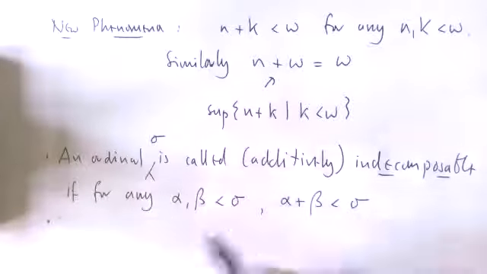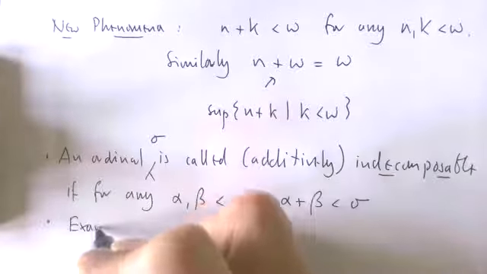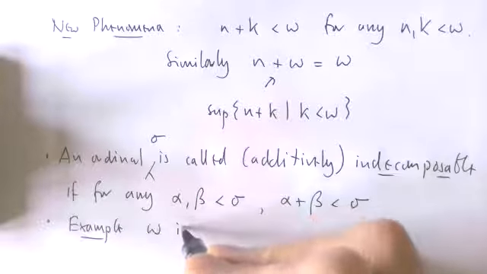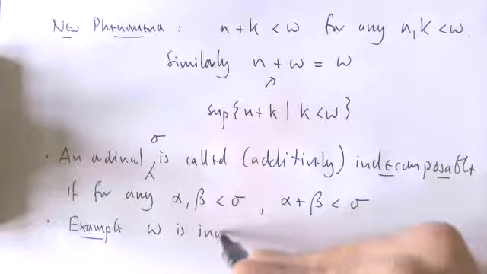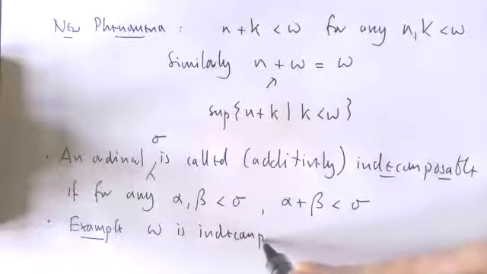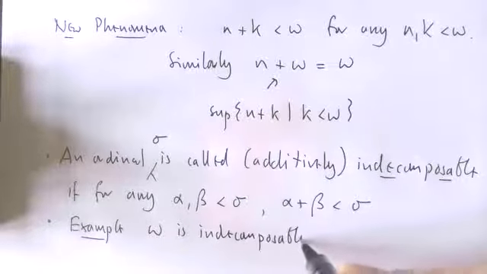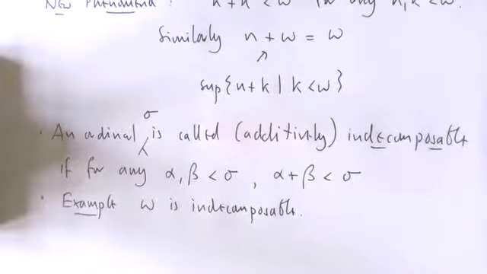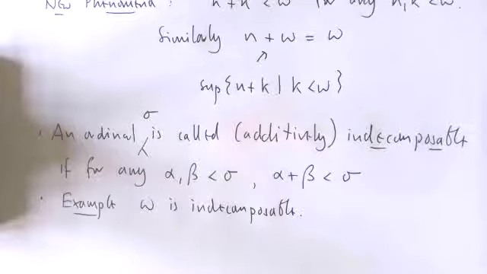So an example here is omega. Omega is indecomposable because you add any 2 finites and you get a finite. So you might ask, well, are there others? Well, in fact, there are lots.